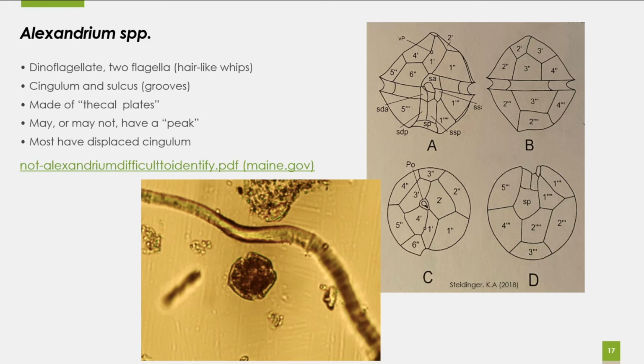And sometimes what I do after I've completed a count and I have cells that I'm not sure are Alexandrium or not, I'll note which column they were in, which grid they were in, and I might go back and tap them a little bit.